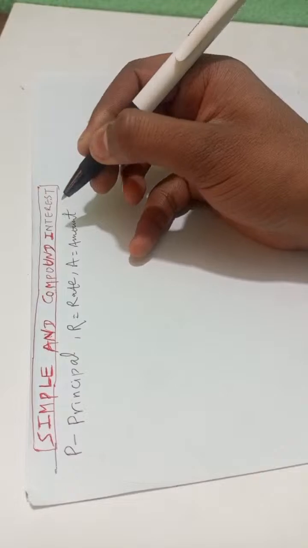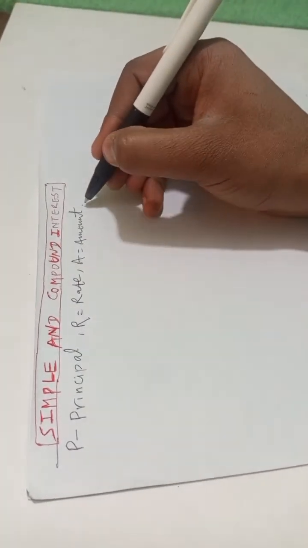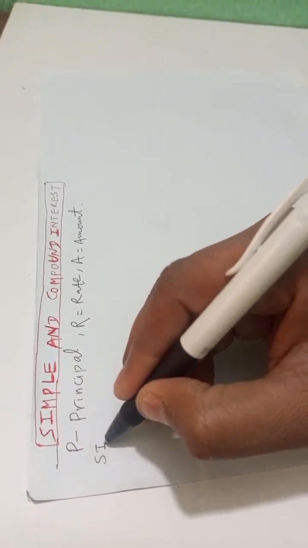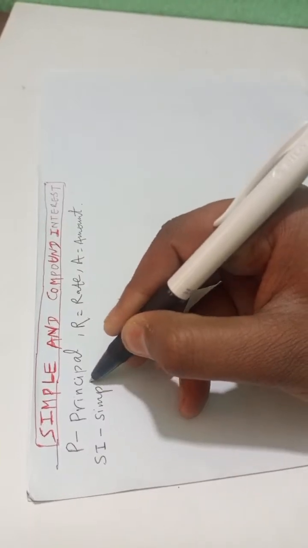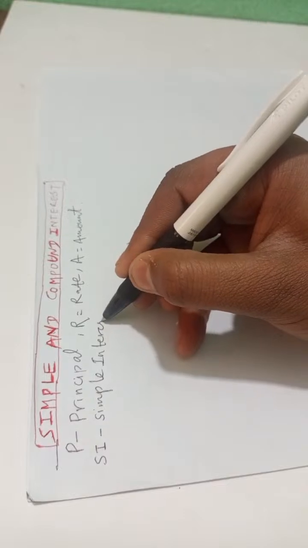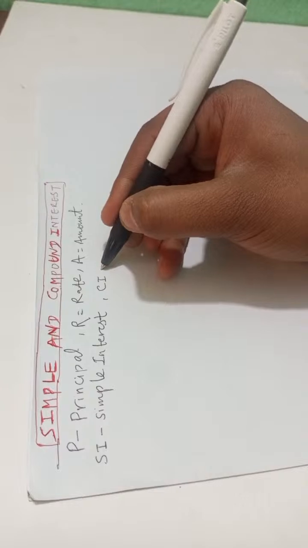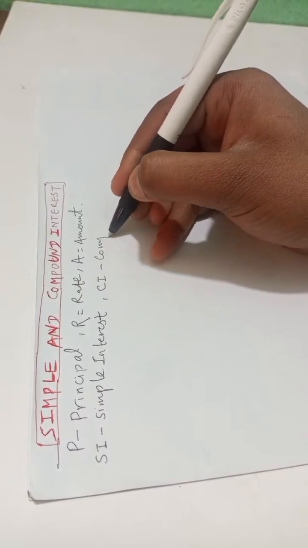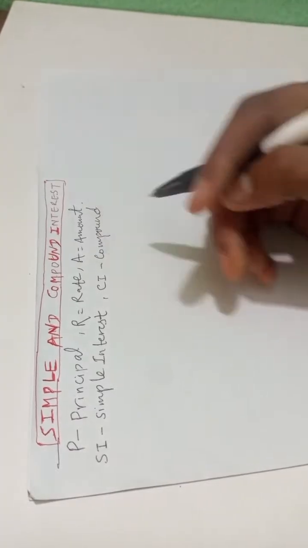SI means simple interest. CI means compound interest. You have to know these symbols also. It helps us understand very easily how to do these types of tasks.